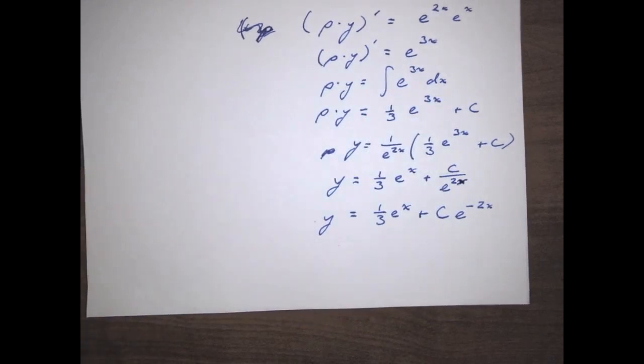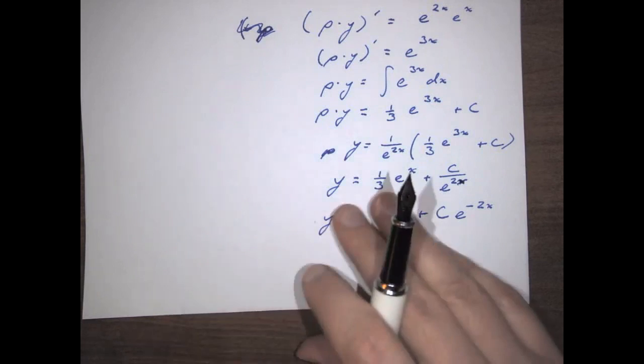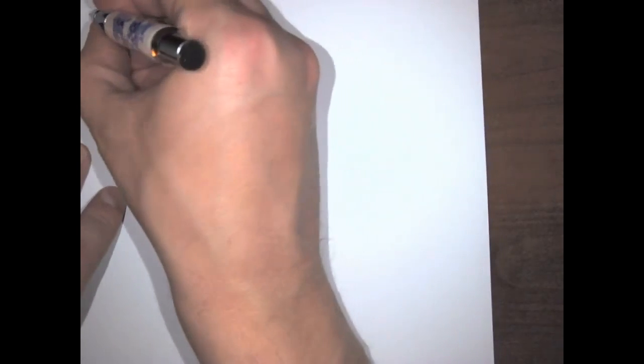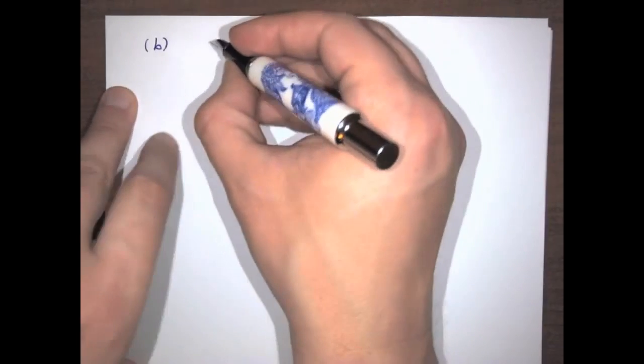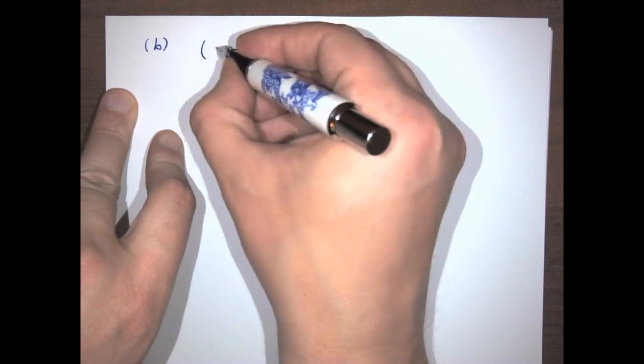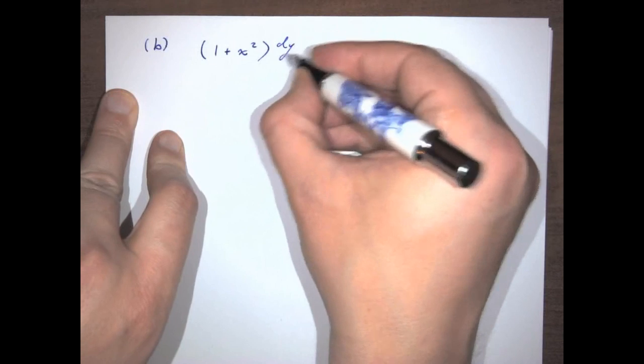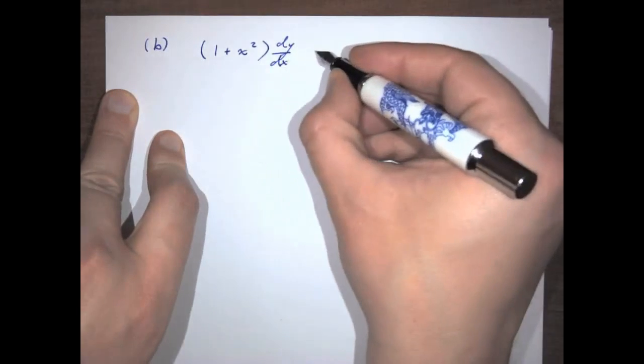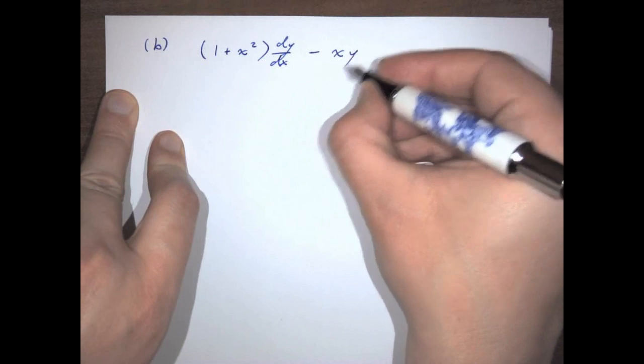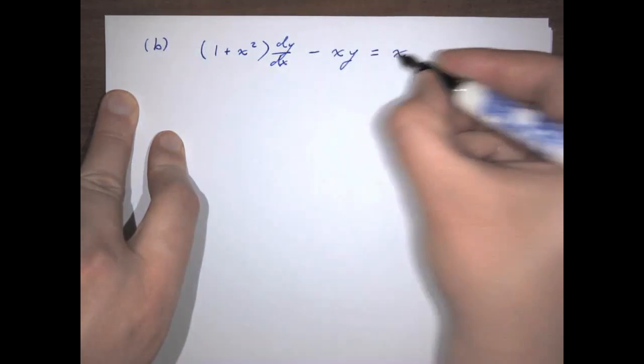All right, let's try this again. So, example B. Now let's take something of this form. 1 plus x squared dy/dx minus xy equals x.